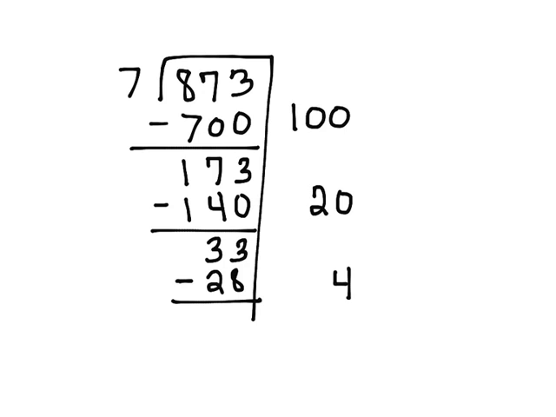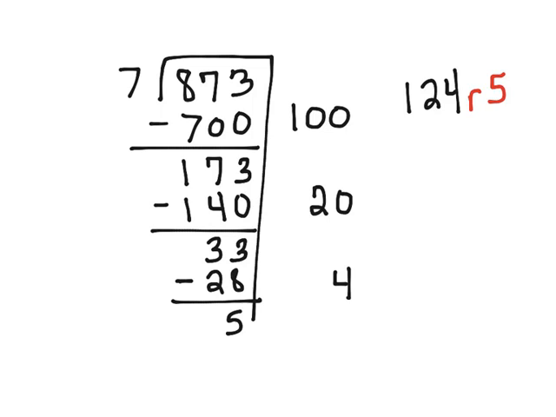Subtract, and then I'm just going to count up from 28 to 33, 28, 29, 30, 1, 2, 3. Answer is 5. 5 is less than 7, so that is my remainder. I have a remainder of 5. 100 plus 20 is 120, plus 4 is 124, so my answer is 124 with a remainder of 5.